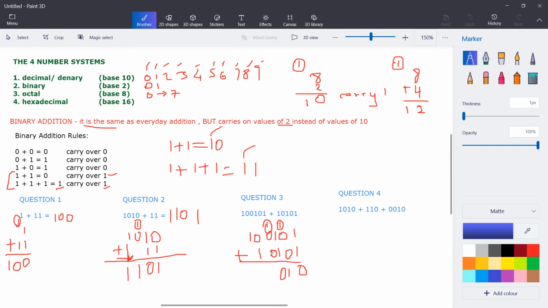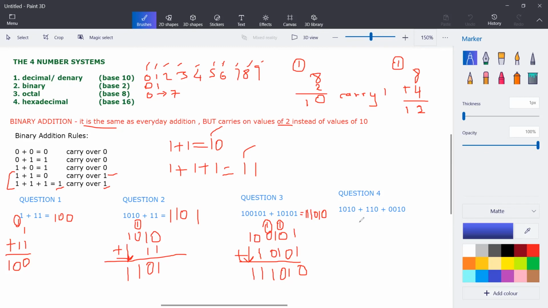The one I've carried plus 2 zeros is just 1, okay? Then over here, I have 0 plus 1, which is the second rule. 0 plus 1, you just get a 1, just like normal addition. And then, of course, this 1 simply drops down because there's nothing to add to it. So in this math, my answer is 111, 010. Okay, let's look at the fourth one.